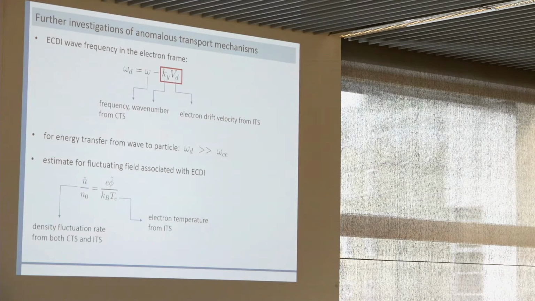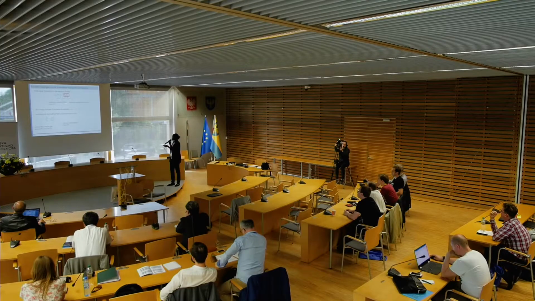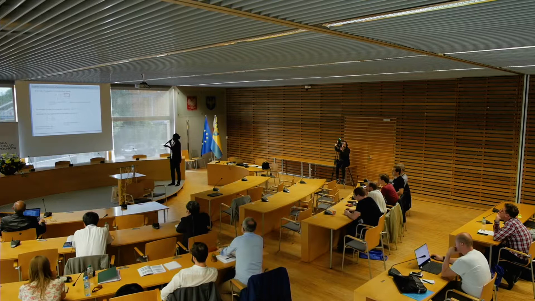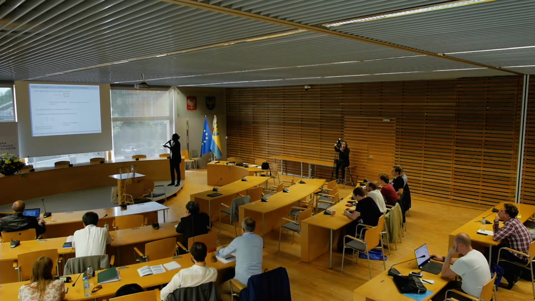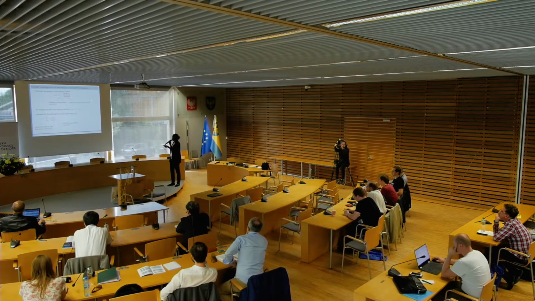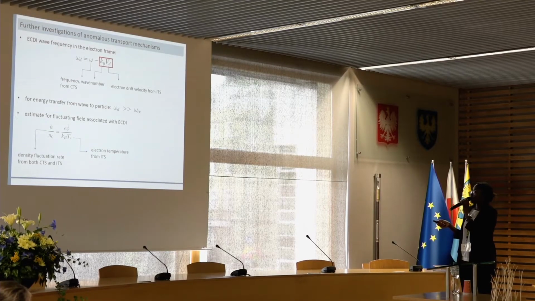Now that we have this information from experiments, we can hope to do so, because all of these parameters we now have from experiments. Omega d is the wave frequency in the electron frame, which is the frequency that we measure in experiments. This is the wave number that we have in experiments. And the drift velocity is what we can measure from the incoherent Thomson scattering setup.